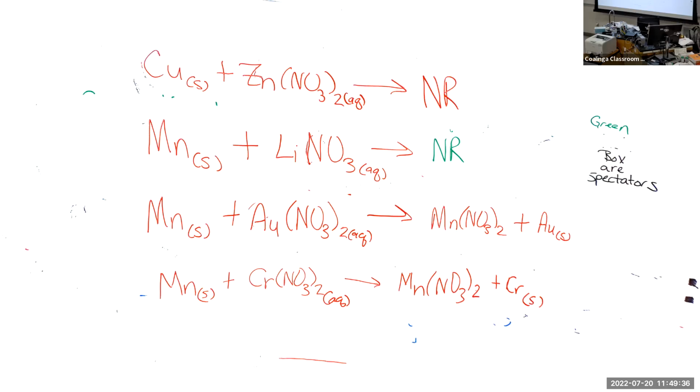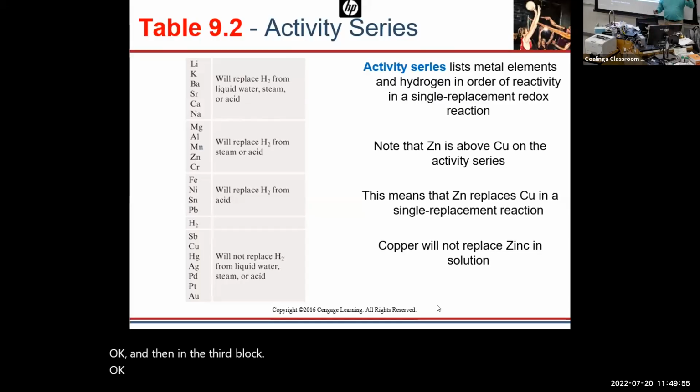In the second block, it says will replace H2 from steam or acid. And in the third block, or replace H2 from acid. Those metals will replace H2 under those circumstances.